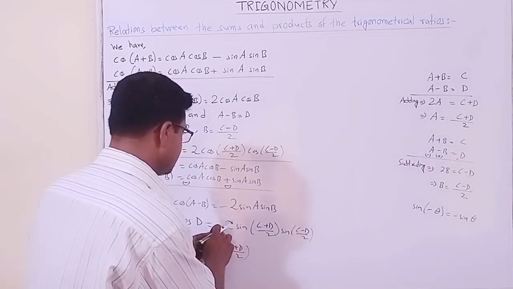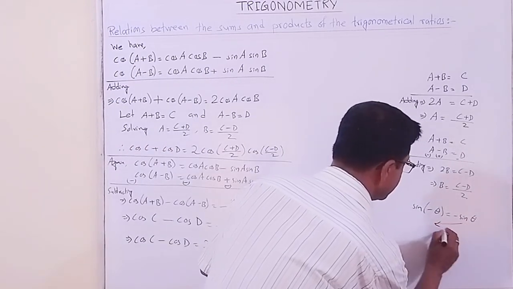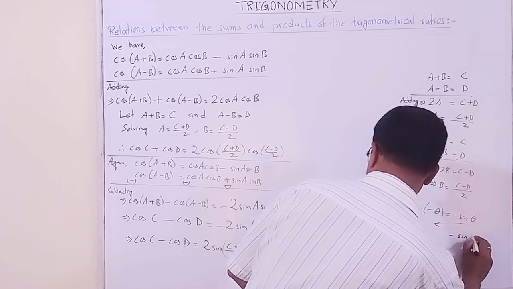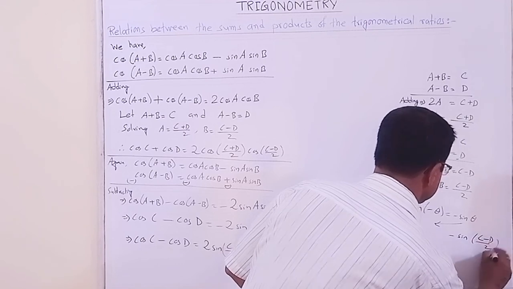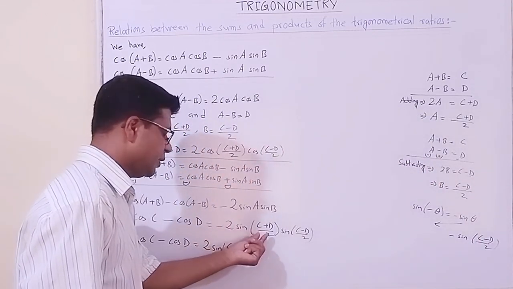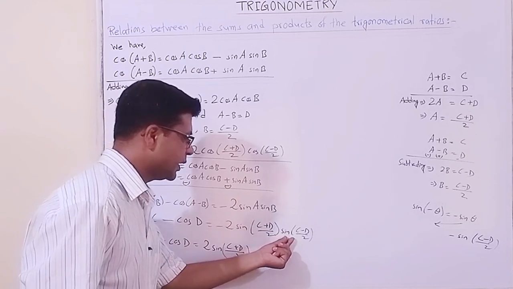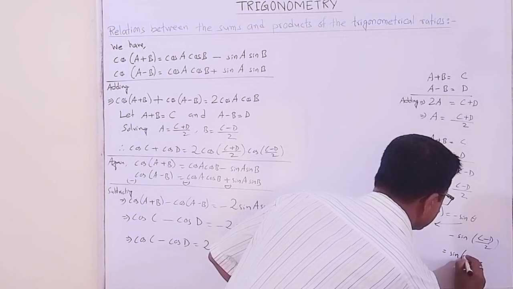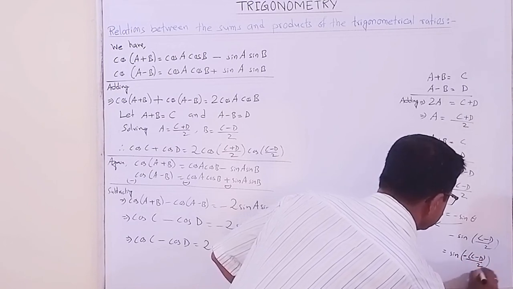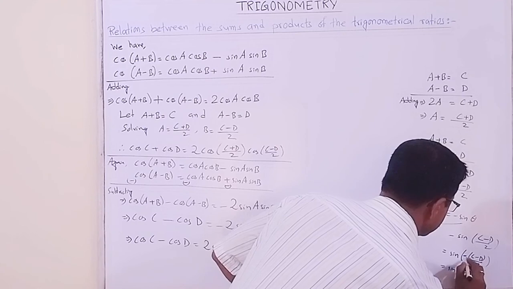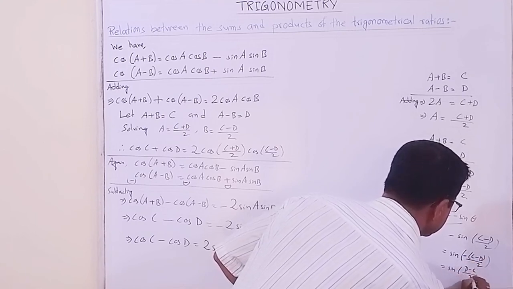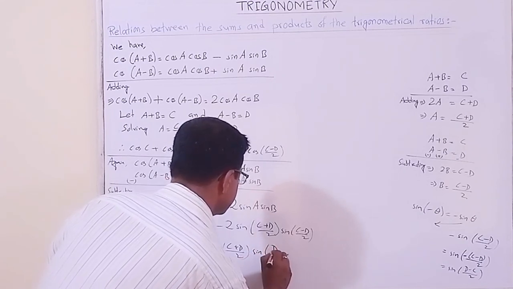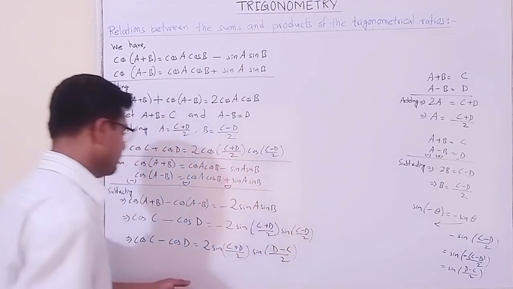So if we bring this minus here, it becomes sine of minus of C minus D by 2, that is sine of D minus C by 2. In this way also we can derive.